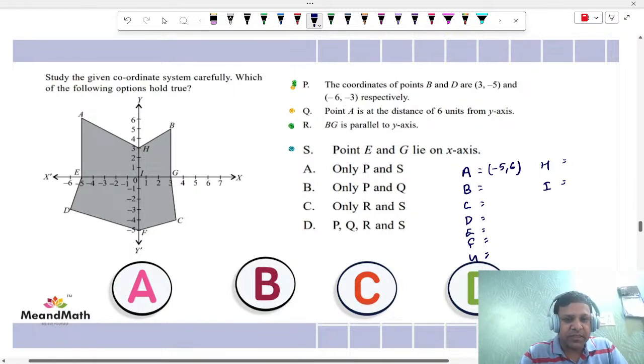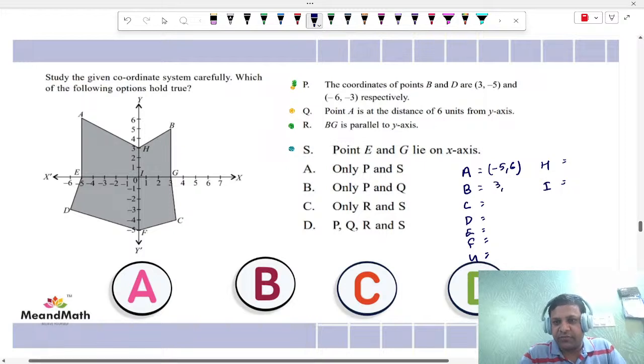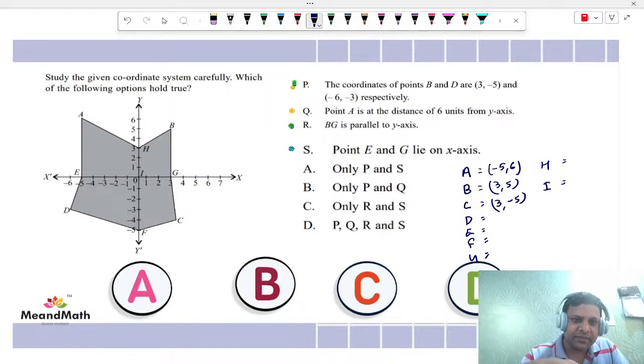B is in the first quadrant, so both coordinates would be positive. X is 3 and Y is 5: 3 comma 5. C is in the fourth quadrant, so positive and negative. X is 3 and Y is minus 5. Hence you can see that B and C both lie on a straight line.